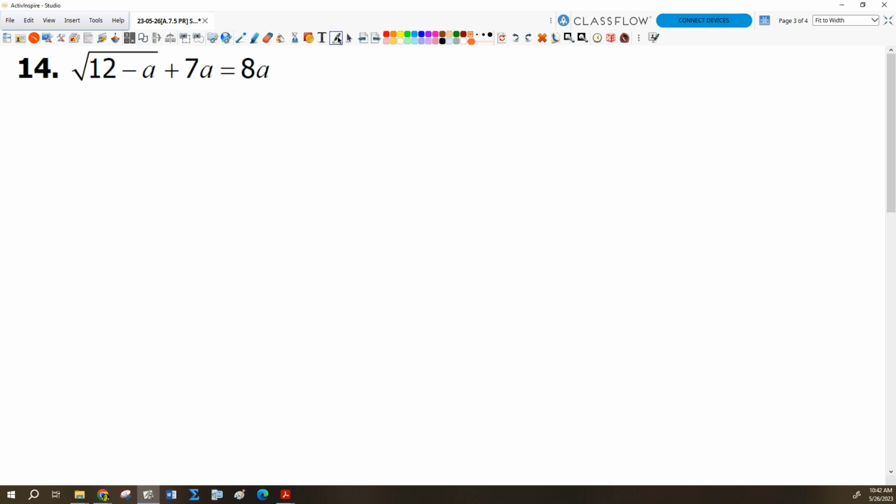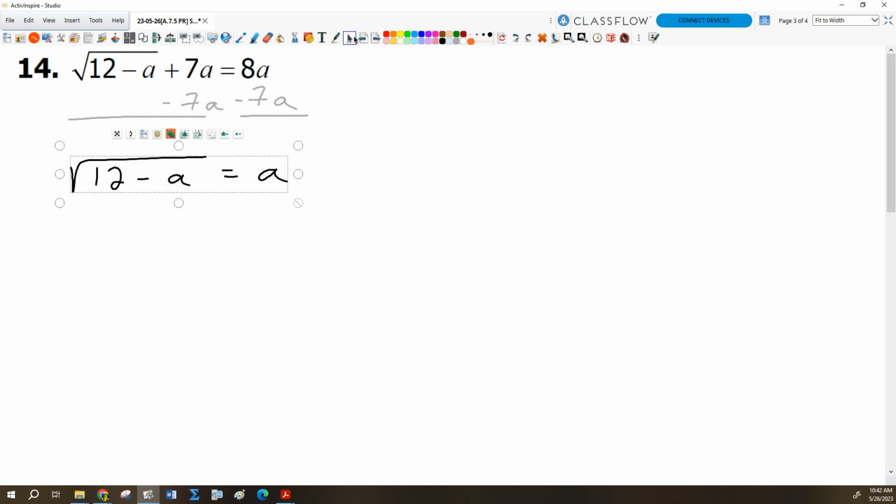So if I subtract 7a from both sides, I'm going to get square root of 12 minus a equals a. Now what?